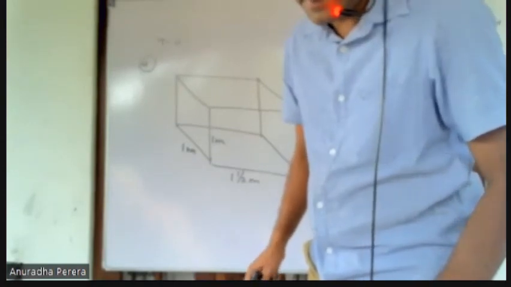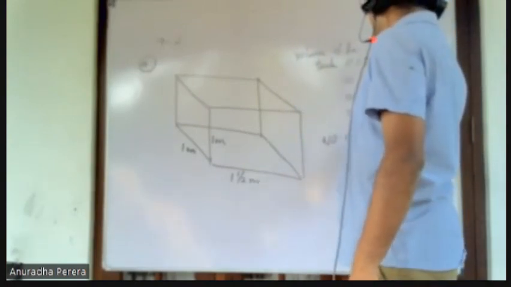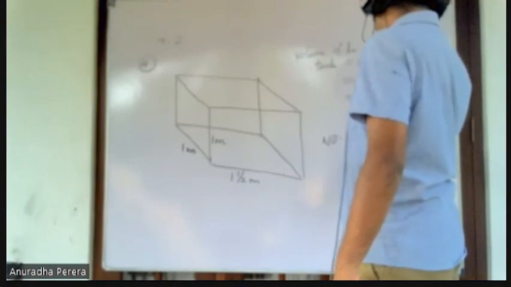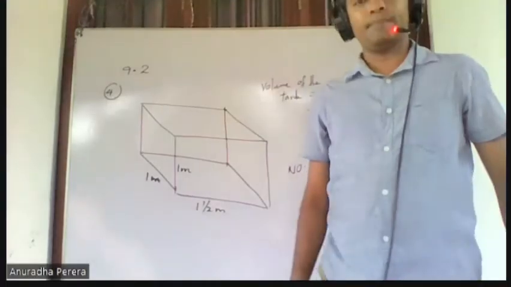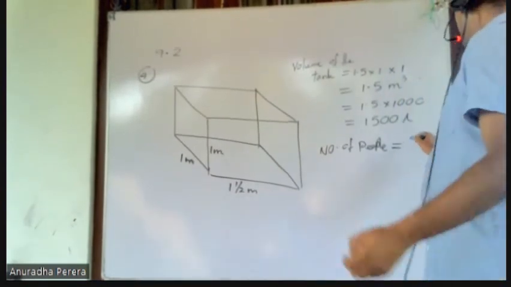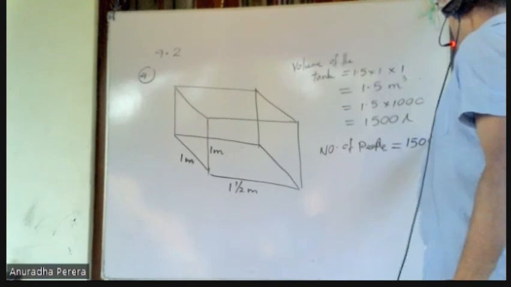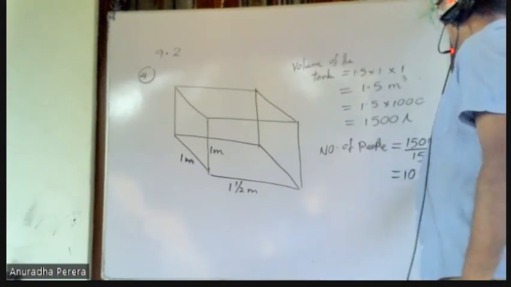The question is how many people. Number of people: divide this 1,500 by 150. What is the answer? 10 people.